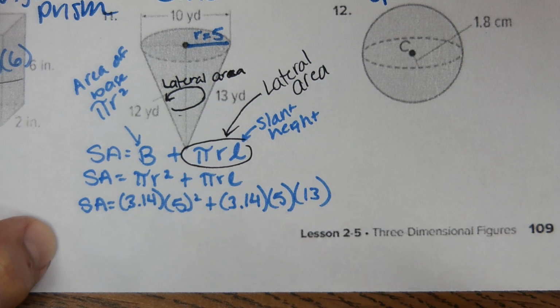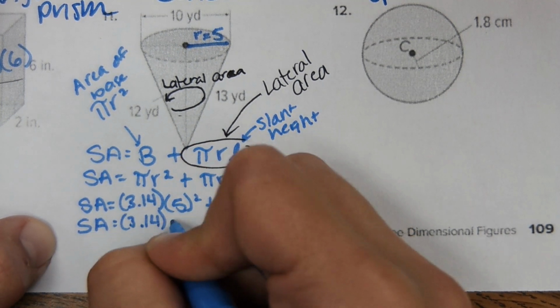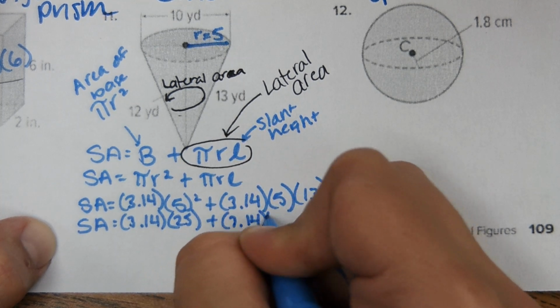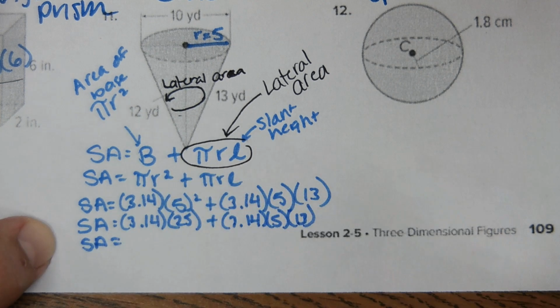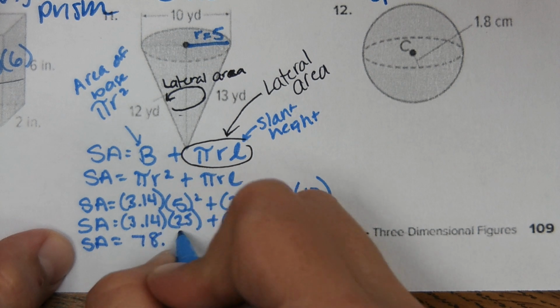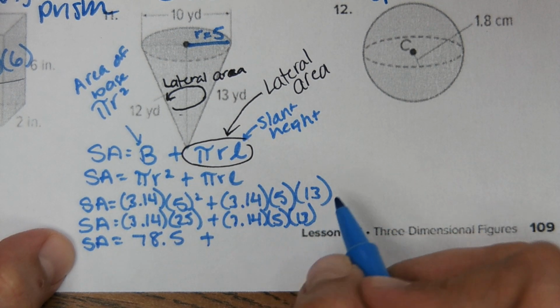And then from here, we'll solve this using order of operations, of course, to do the exponent first. Multiply these two numbers. And then multiply these three numbers.